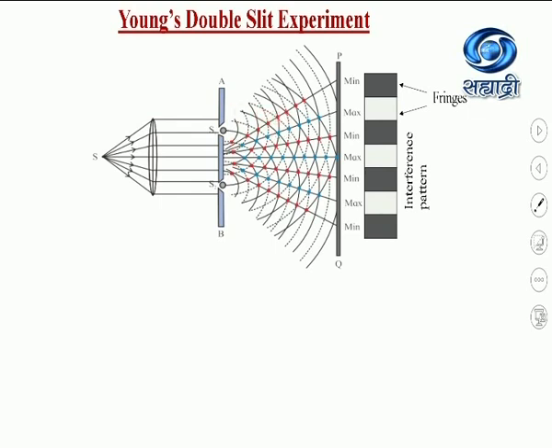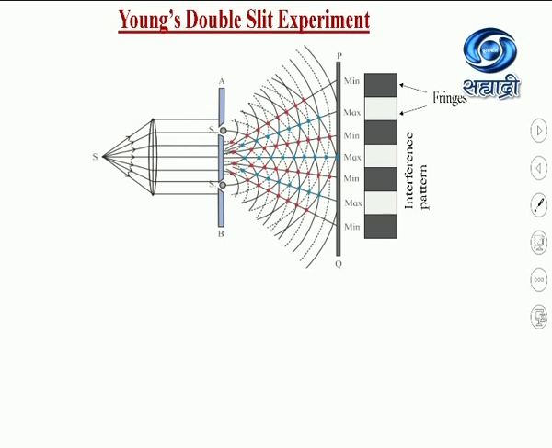These waves travel in the form of crest and trough. The crests are shown by continuous curves and the troughs are shown by dotted curves. When the crest of the wave emitted by S1 overlaps with the crest of the wave emitted by S2, or the trough of the wave emitted by S1 overlaps with the trough of the wave emitted by S2, constructive interference takes place.